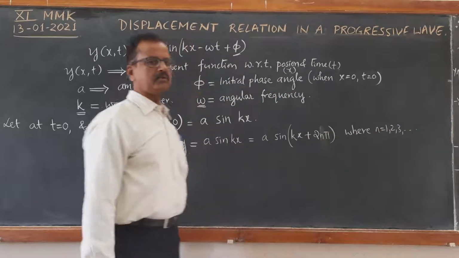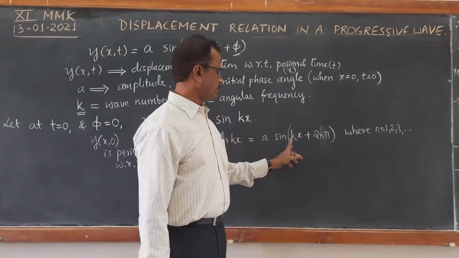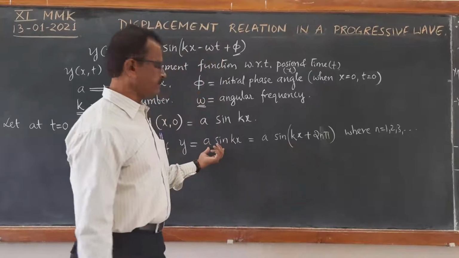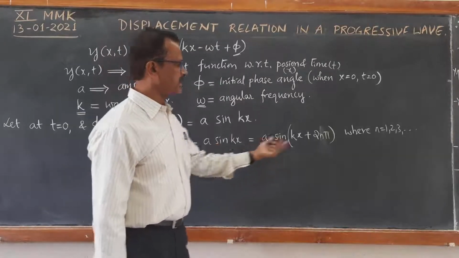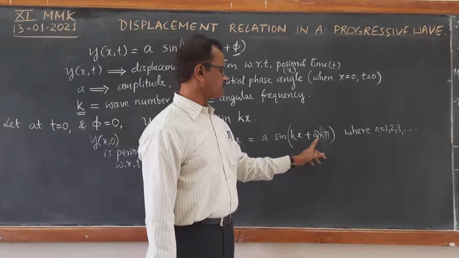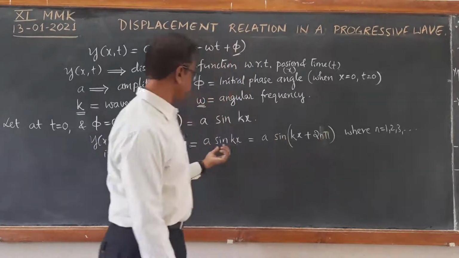Integral multiple of 2 pi. If n is equal to 1, for example, then it becomes a sin(kx plus 2 pi). Are you not going to get the same a sin kx? If n is equal to 2, then it becomes a sin(kx plus 4 pi), which means again it will be a sin kx.